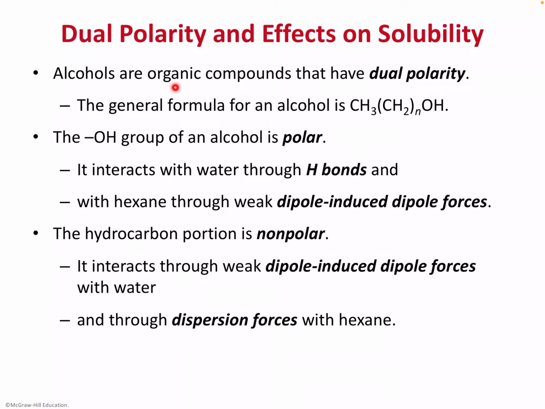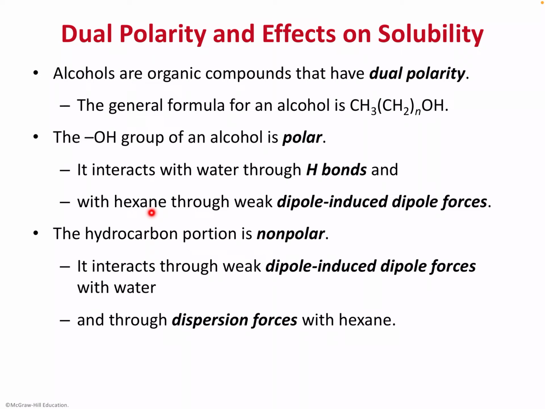We started this talking about the dual polarity. So one side is the hydroxyl group of the alcohol. Alcohol can dissolve in water through hydrogen bonds, because this OH has hydrogen bonds and water also has hydrogen bonds. And hexane is an organic molecule, C6H14.